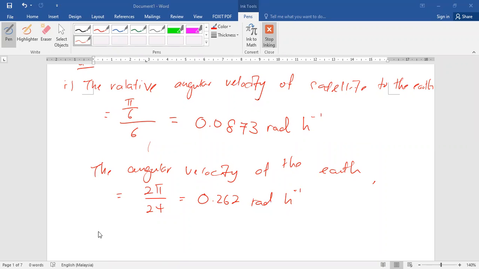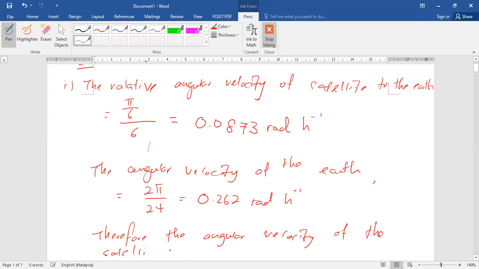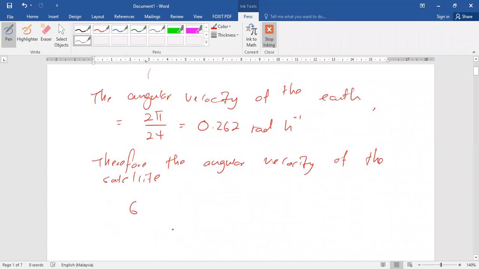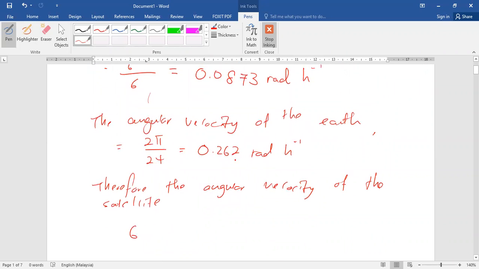Ladies and gentlemen, therefore the angular velocity of the satellite should be equal to the sum, that means 0.262 plus 0.0873.